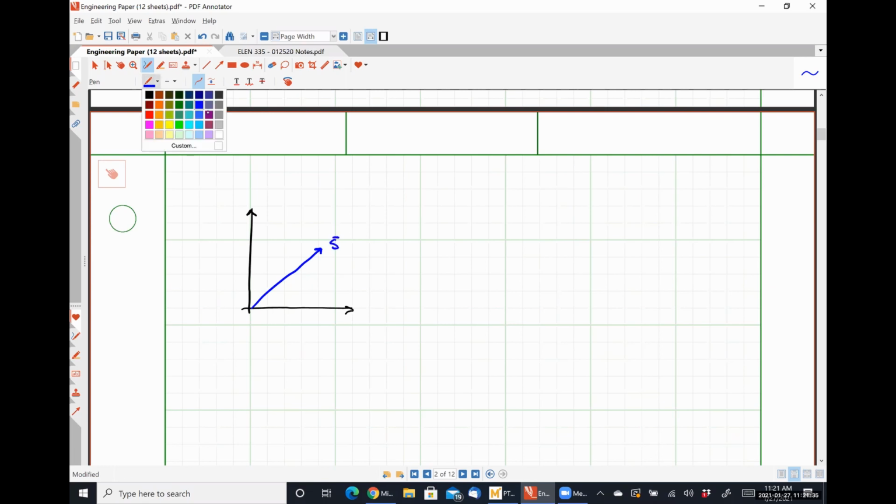So here we have S, and the projection onto the real axis was P. The projection onto the imaginary axis was Q. Here we have theta S. So we can easily switch back and forth between the polar and rectangular representations of complex power, just using basic trigonometric identity, nothing remotely hard there, right? But this power factor angle, theta S, actually tells us a whole lot about our system.